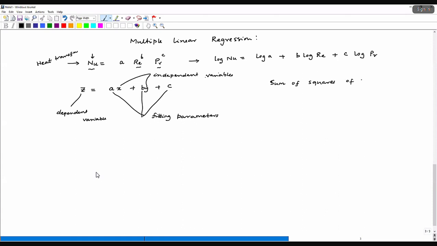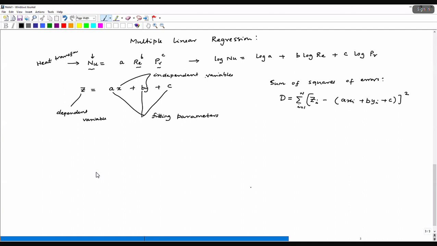Let's call this D, which is, for a particular i, the actual data Zi minus the data from the fit, AXi plus BYi plus C, squared and summed over different i's, i equal to 1 to n.